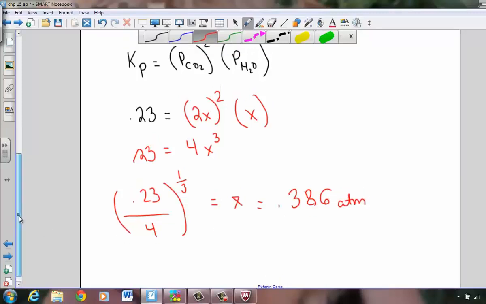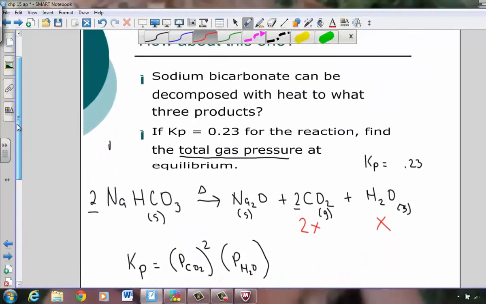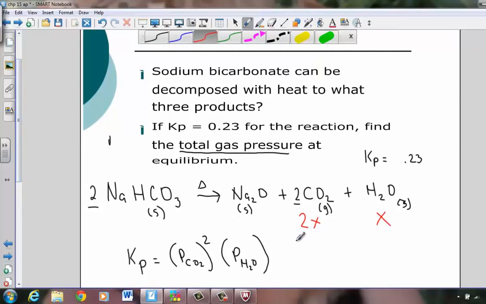Remember the initial question wanted to know what's the total pressure. I need to add, don't I? We need to know the total pressure. So 2 times the value of x, 0.386, represents the partial pressure of carbon dioxide, plus the partial pressure of water, which was directly x, 0.386.